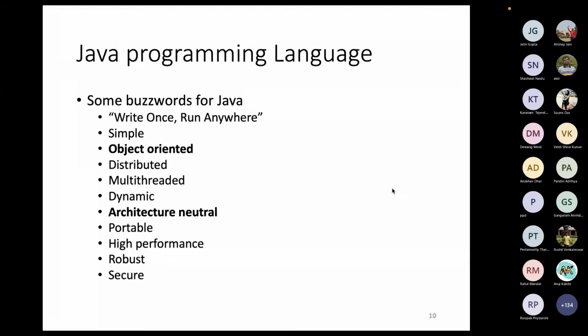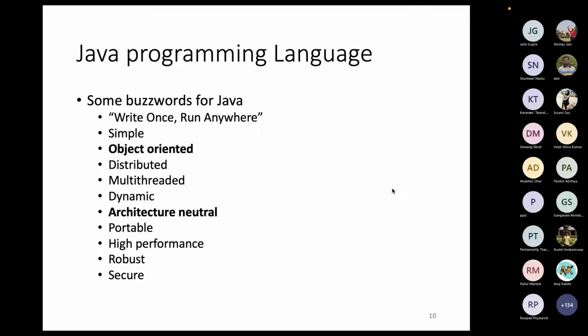There are various agencies which publish the popularity of different programming languages, and you will see that C, C++, Java, and Python come in the top 3, mostly, for general purpose programming. So the question is, why is Java so popular?